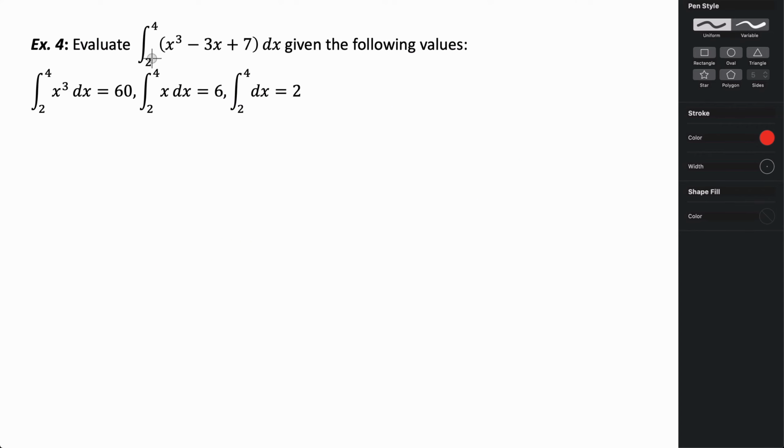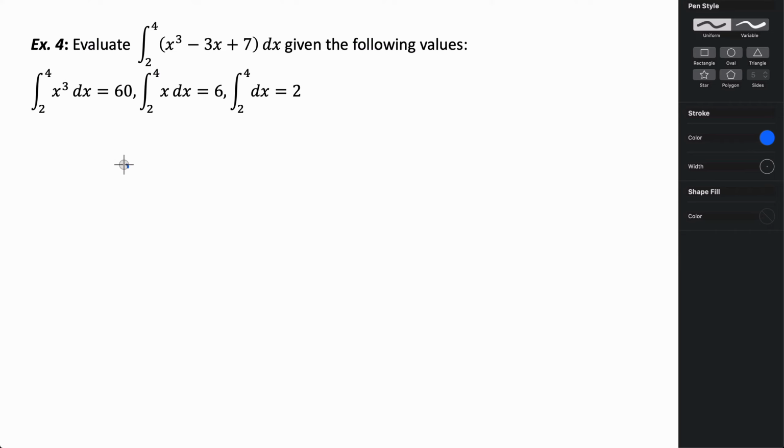So in this example, we're asked to evaluate this integral, and we're given the information about the values of the area under these separate curves from 2 to 4. So first thing that I'm going to do is I can actually break this up because of the sum and difference properties. So I'm going to separate this into 3 different integrals.